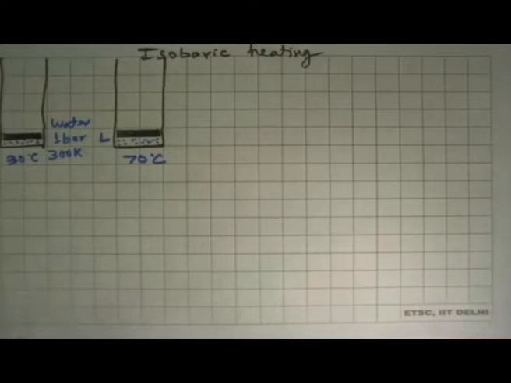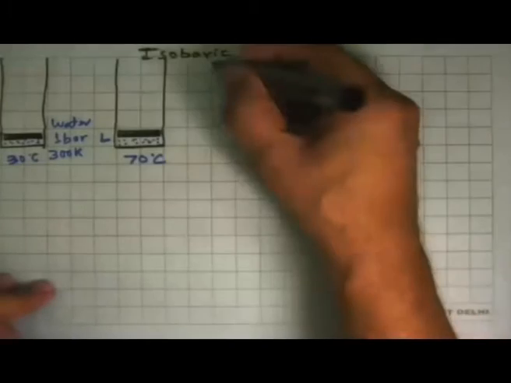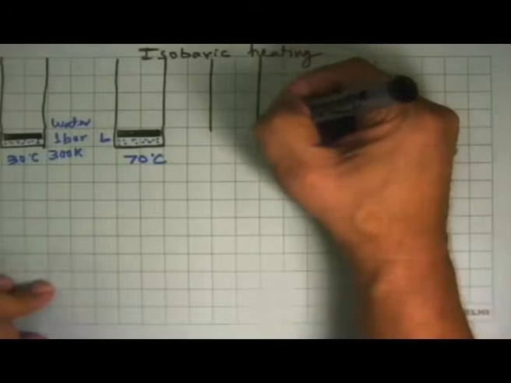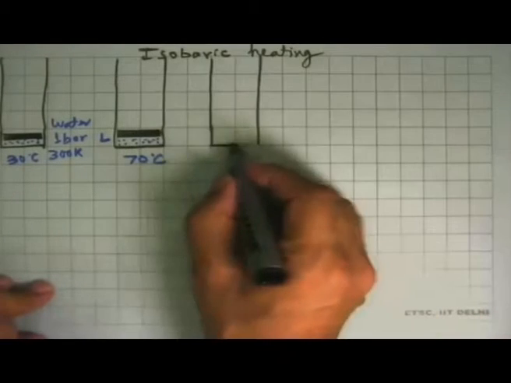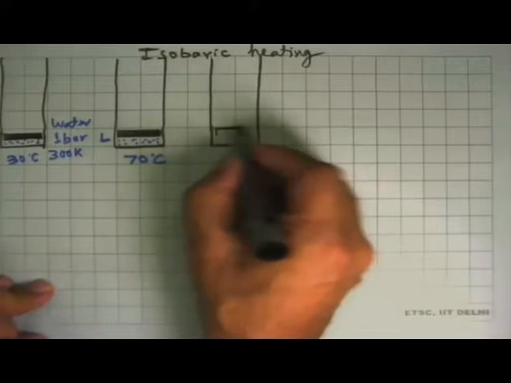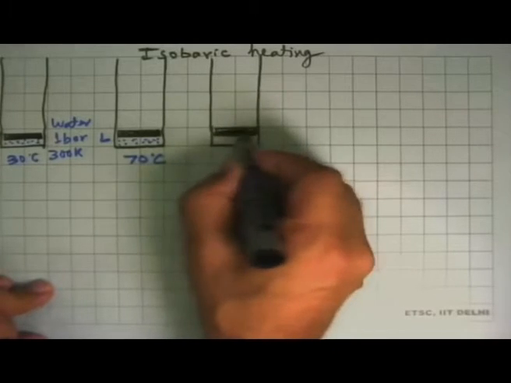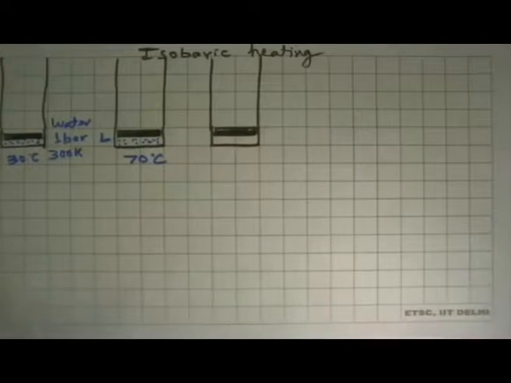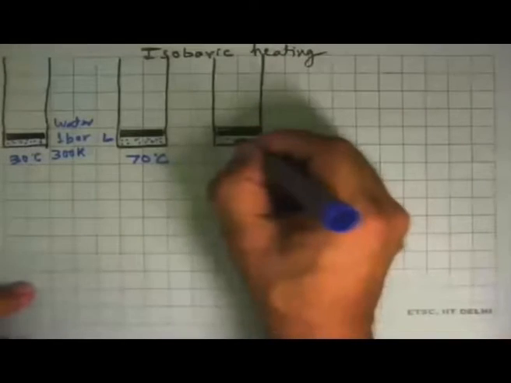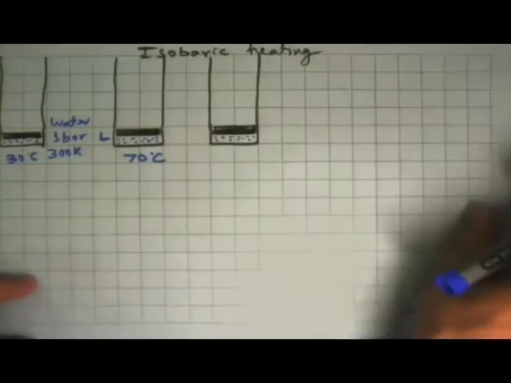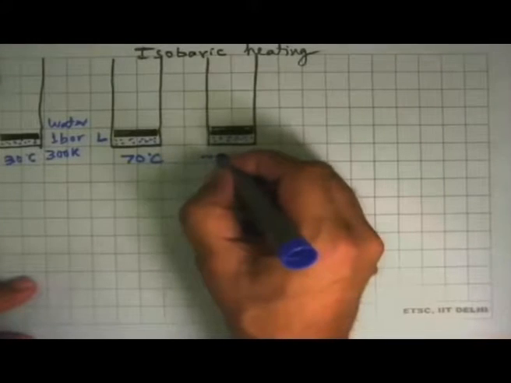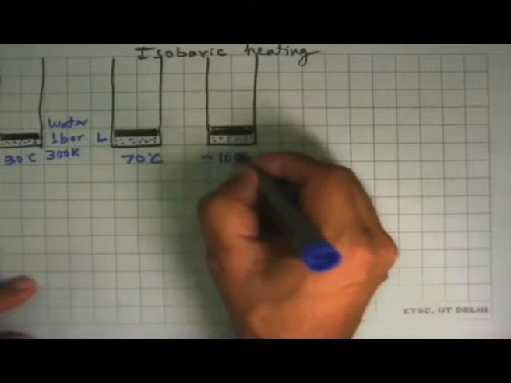Continue this heating and come to a point where this is still there and this is now close to, say, about 100 degrees Celsius.